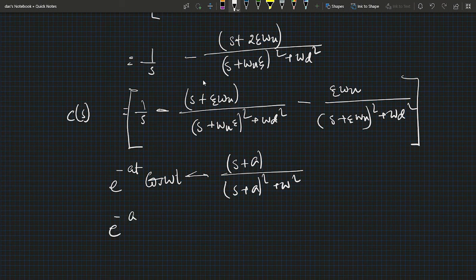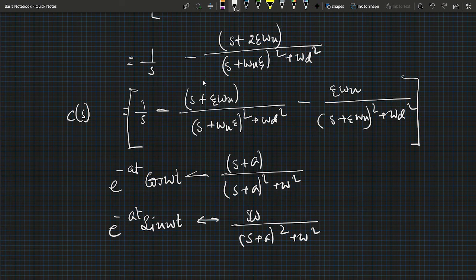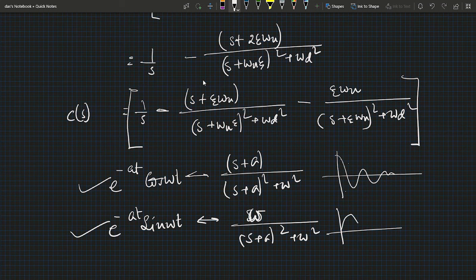And another: the Laplace transform of e to the power minus a t into sin omega t equals omega divided by s plus a whole squared plus omega squared. So these are the cosine part and the sine part, and the signal looks like an exponentially damped cosine, and the sine part looks like this.